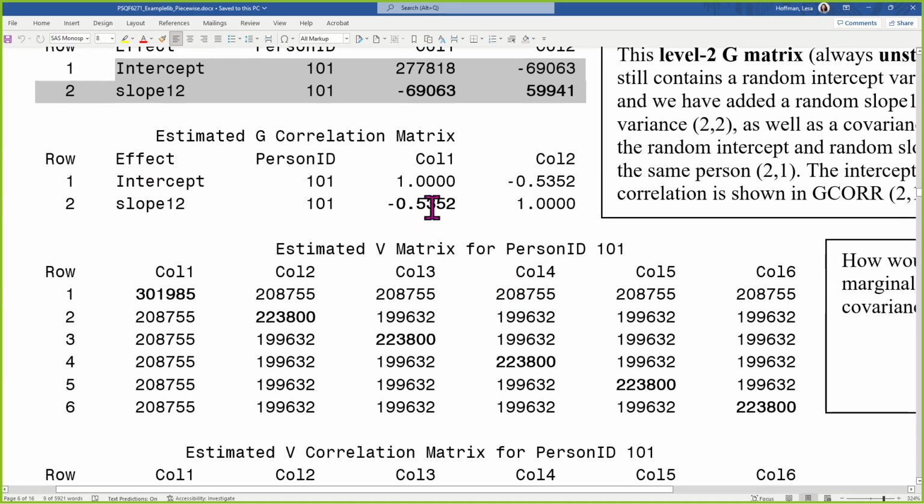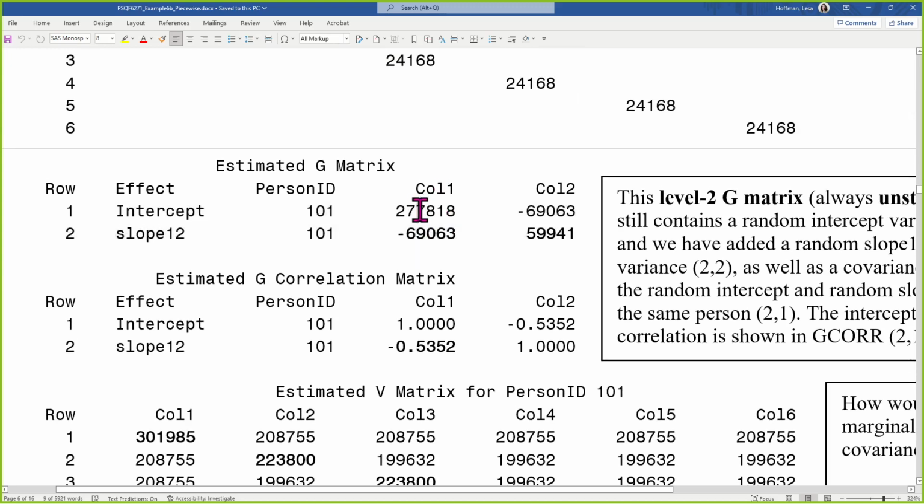So now, given that I have slope 1, 2, my intercept is conditional on when that slope is coded 0, which is the first occasion. So this is now the session 1 intercept differences specifically. Here's the variance of my slopes across people, and here's the covariance between them.